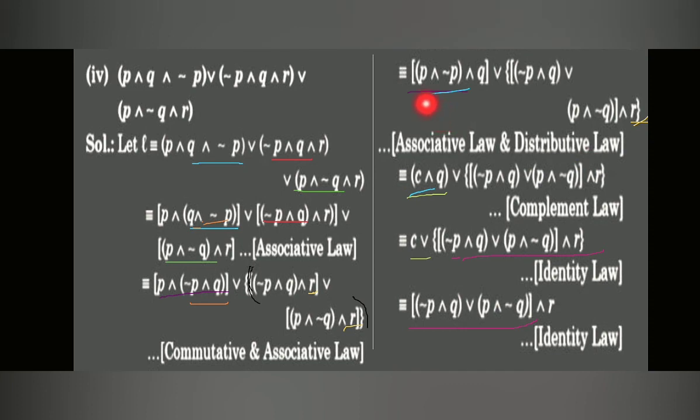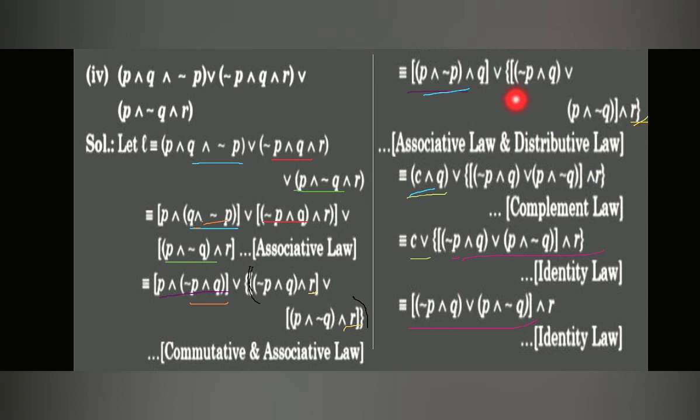Associative law applies to this bracket, this P and ¬P right in bracket, and this Q right out of bracket. This is commutative law.